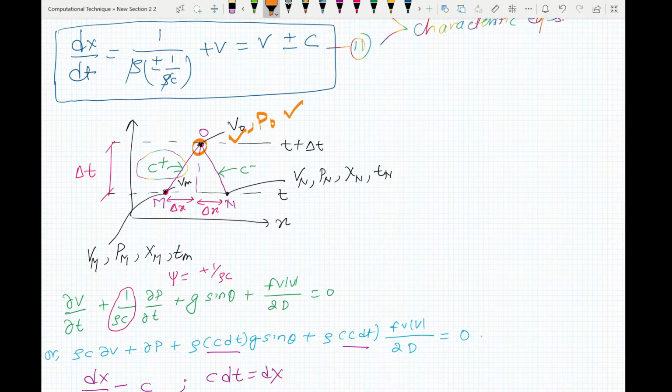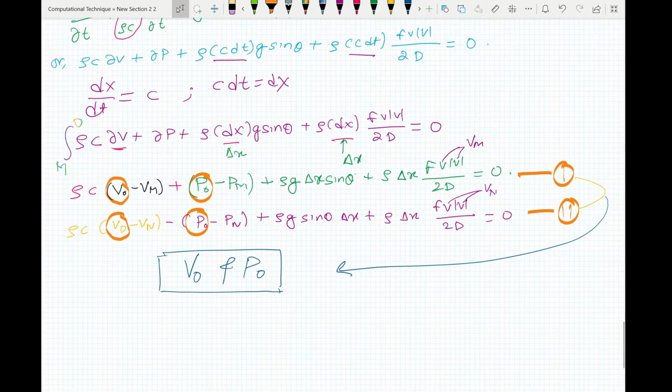So what you can do here is you can represent these two equations in terms of discharge and hydraulic gradient line.